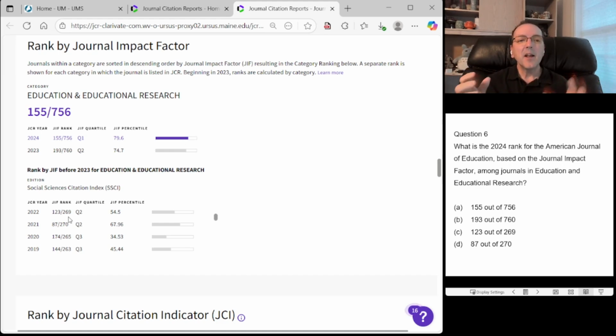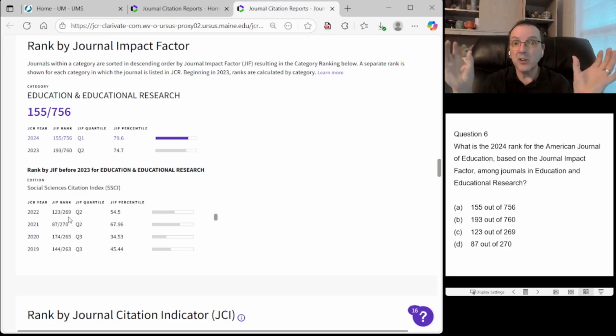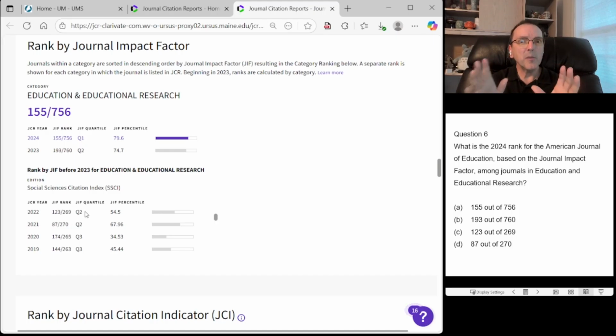What happened is before 2023 for the journal impact factor, they were really only focused on top journals. There were hundreds of journals in educational research that JCR didn't try to track. So the rankings were based on journals that were already pretty good to be in JCR at all. At that point, it was an indication you're a decent journal just to get in it, period.